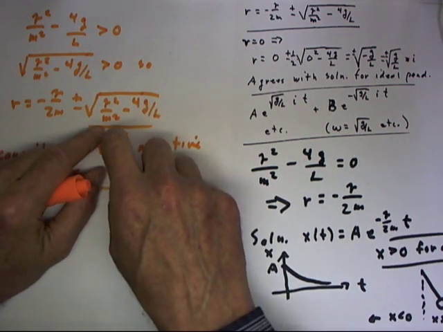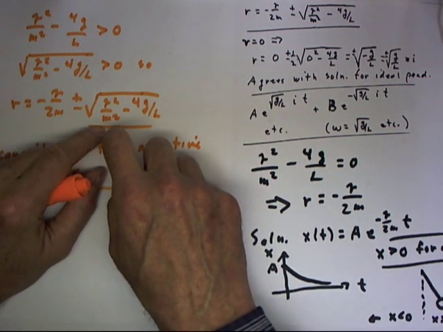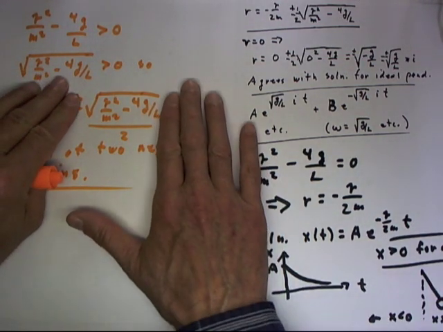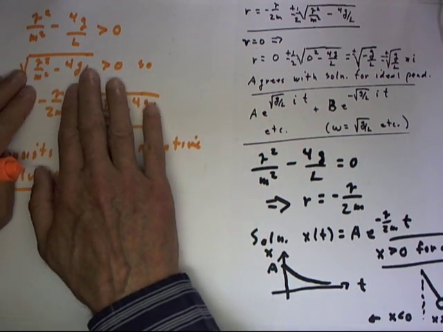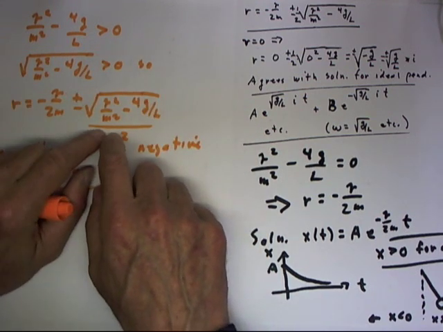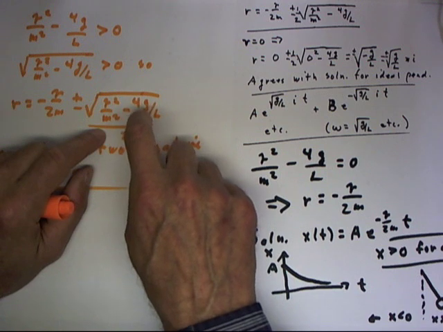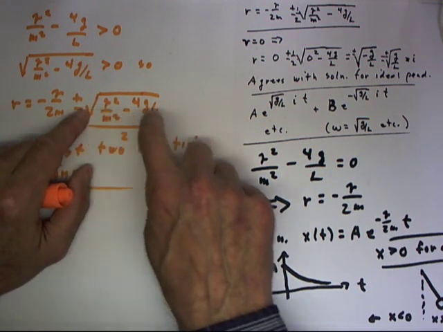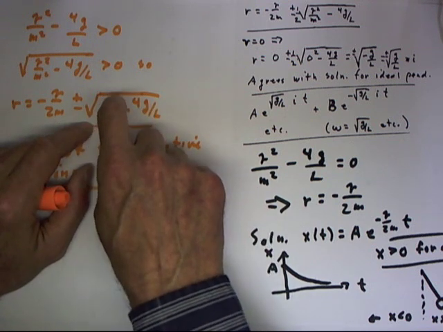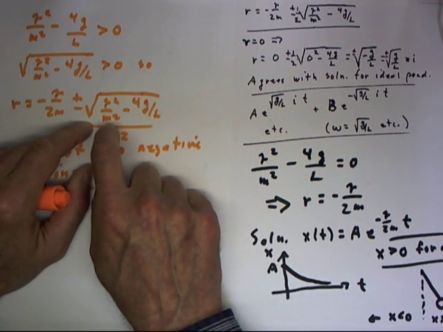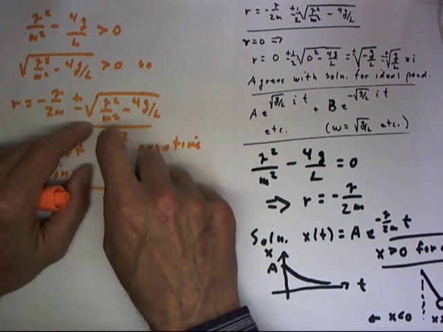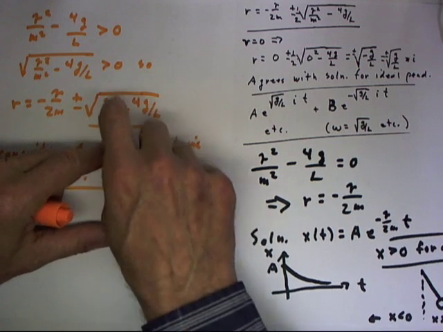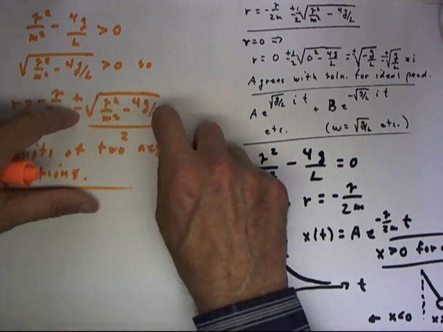Now, how do I know that both of those solutions are negative? I determine that simply by looking at this term as opposed to this term. If g is greater than 0, what we have under the radical is going to be less than gamma squared over m squared, which means that the square root is going to be less than gamma over m. Now we have a 1/2 times this square root.